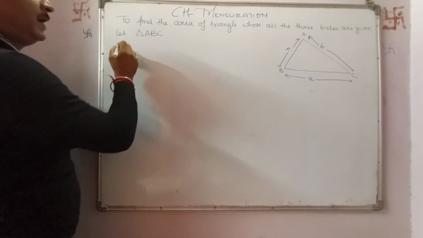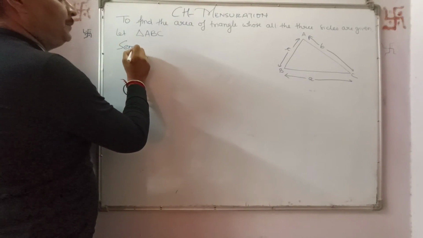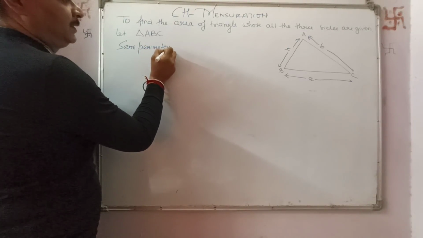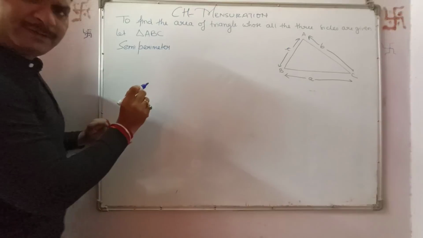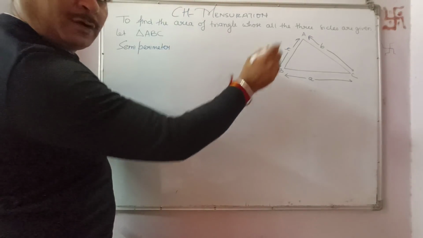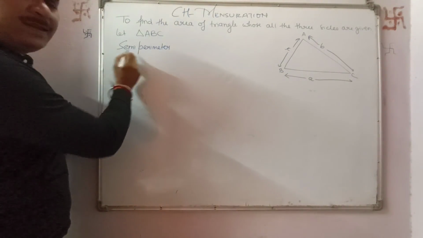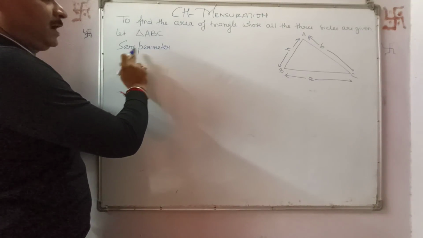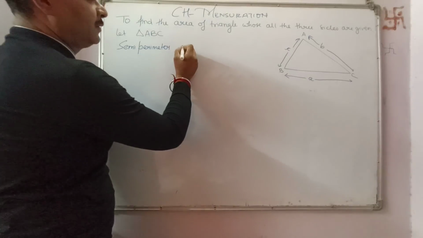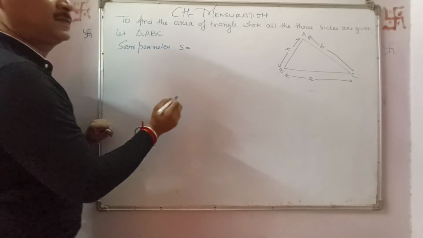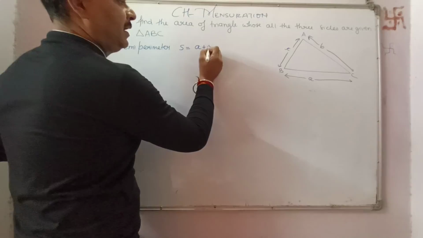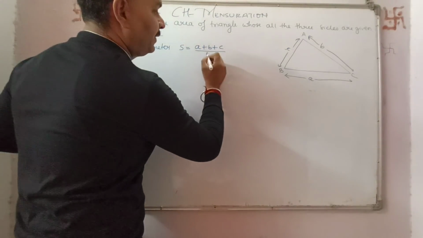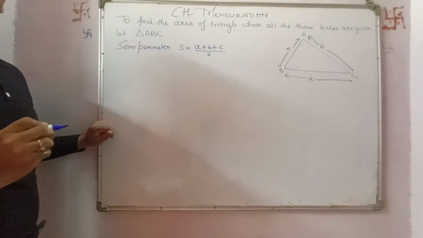First we find the semi-perimeter. Perimeter is the sum of all the sides and semi means half, and we represent it by S. Semi-perimeter is a plus b plus c, the perimeter, and half of it.